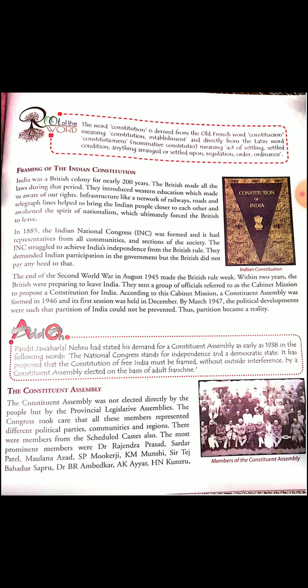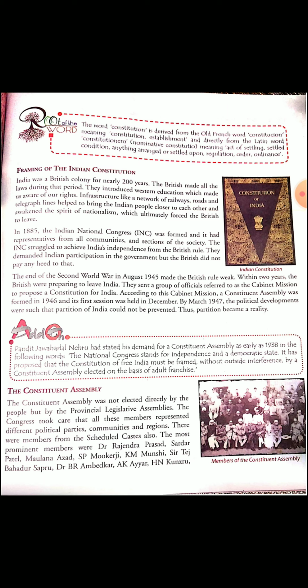Now, the British sent a group of British officers called the Cabinet Mission in order to prepare a constitution for India. So, the British sent from England a cabinet mission, a group of British officers, in order to prepare a constitution for India. According to the cabinet mission, a constituent assembly would be formed which would document the constitution for India.